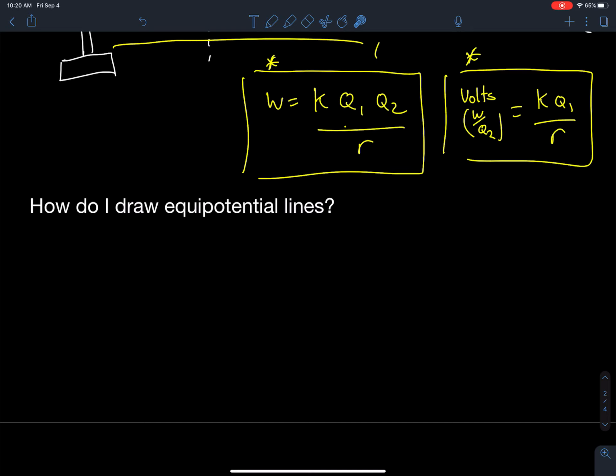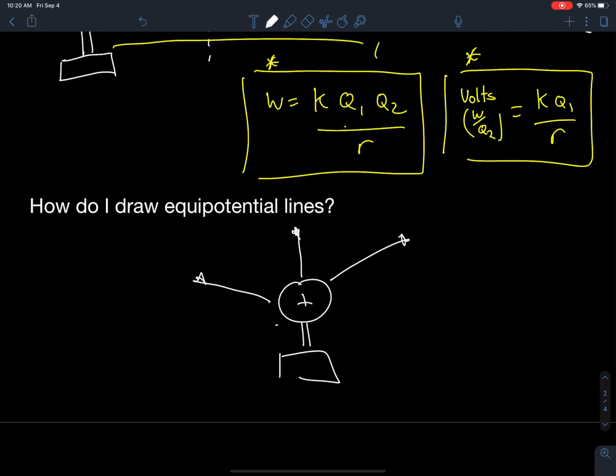So if I have a positively charged object that is emanating a field, this is our field diagram if you remember. What I can say is if I draw these concentric rings around that with a fixed radius, imagine that's a perfect circle.